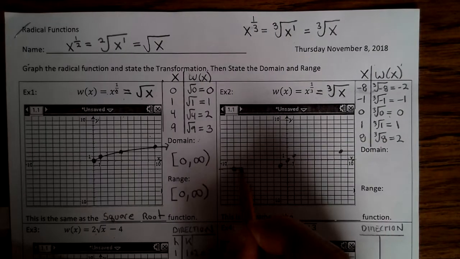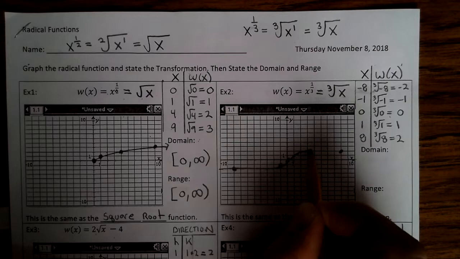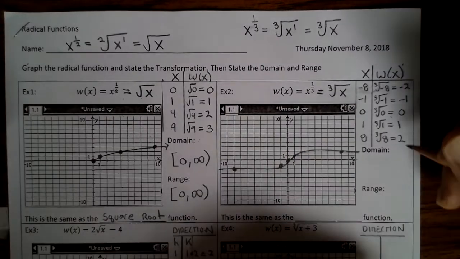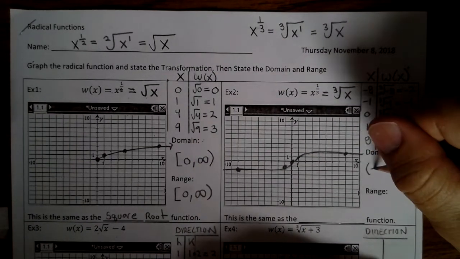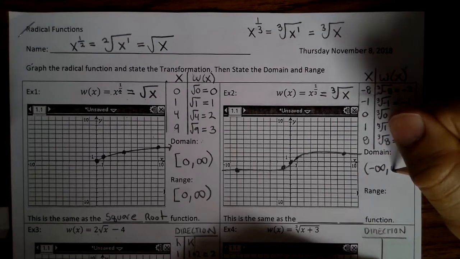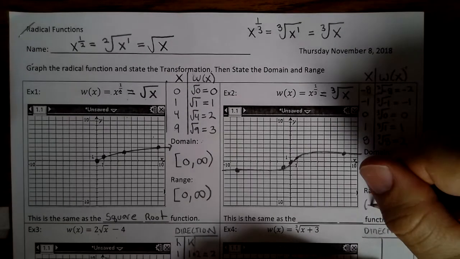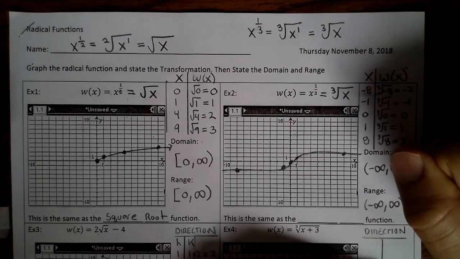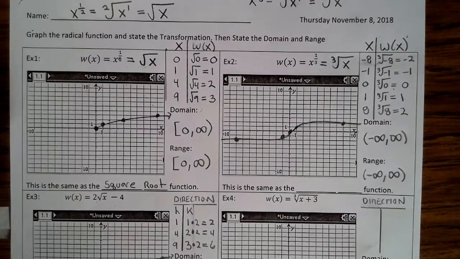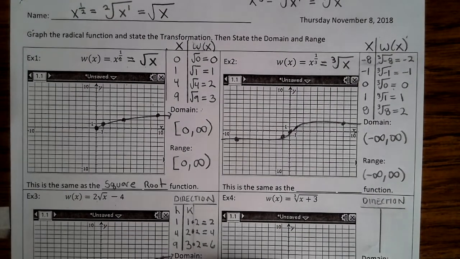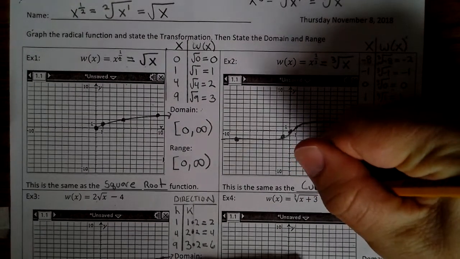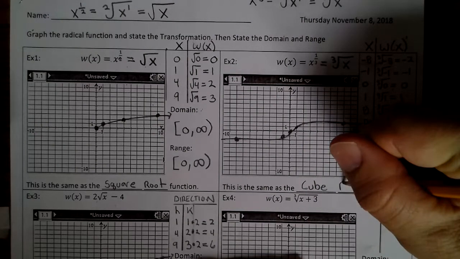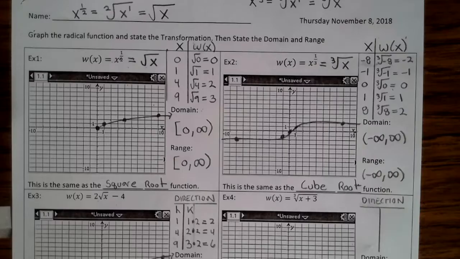Real simple, domain is -infinity to +infinity, and range is -infinity to +infinity. This is the same as the cube root function. Now, example 4 and 6's transformations are going to be based on this parent function.